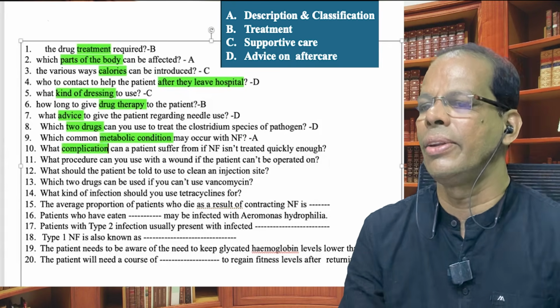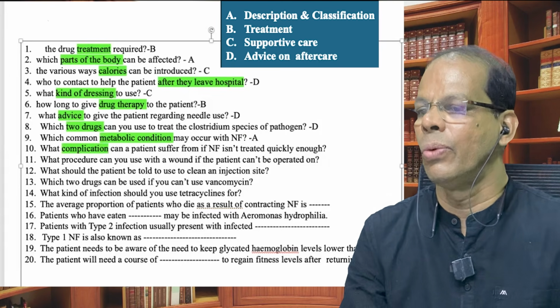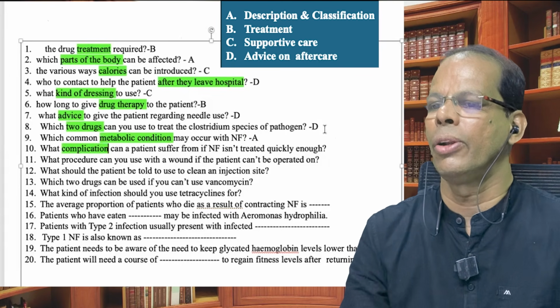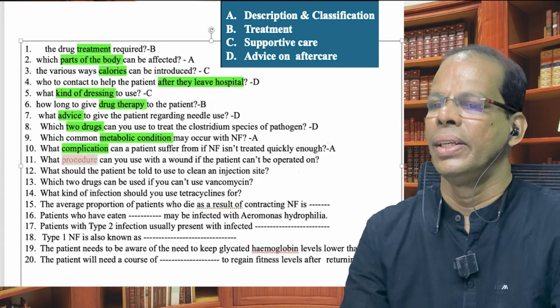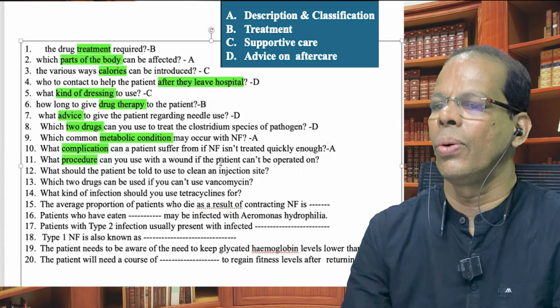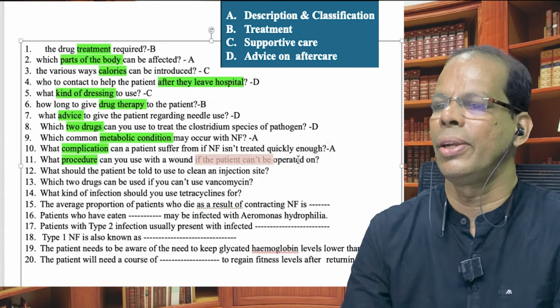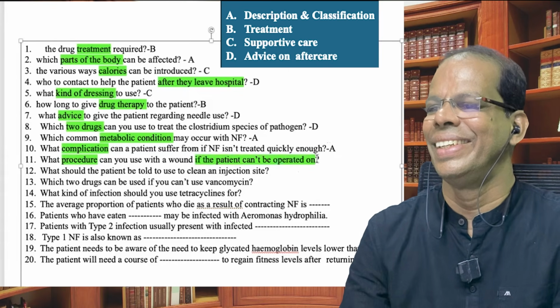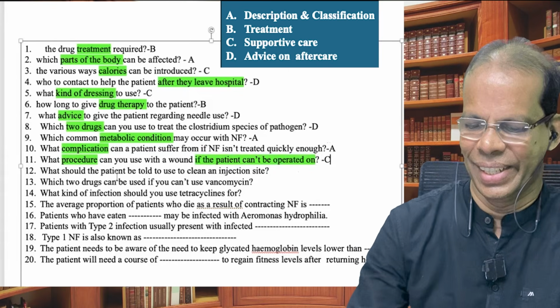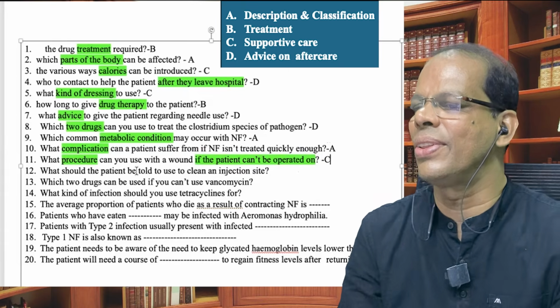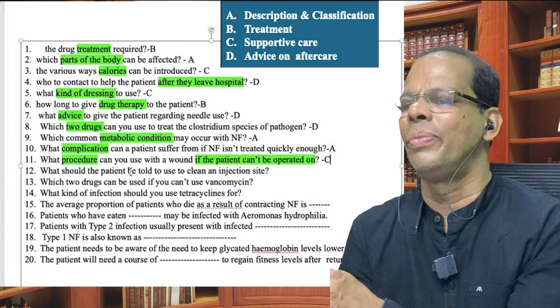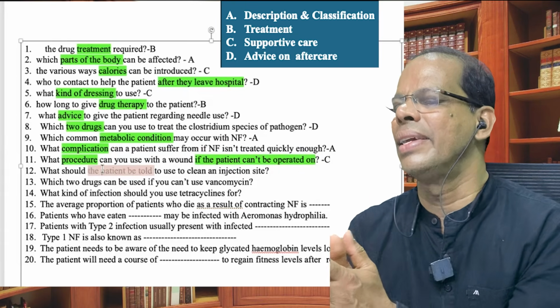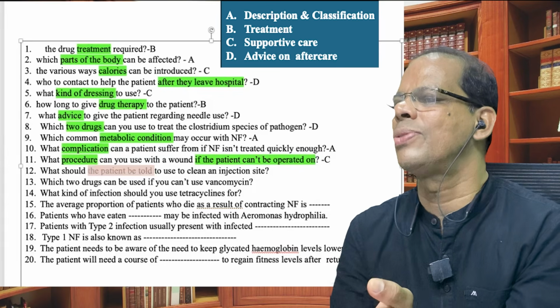What procedure can you use with a wound if the patient can't be operated on? Procedure. What should the patient be told to use? Patient be told. Synonym of advice. So, D. And that's why I said you should know the sequence: the patient be told to use to clean an injection site. That is advice on aftercare, right?